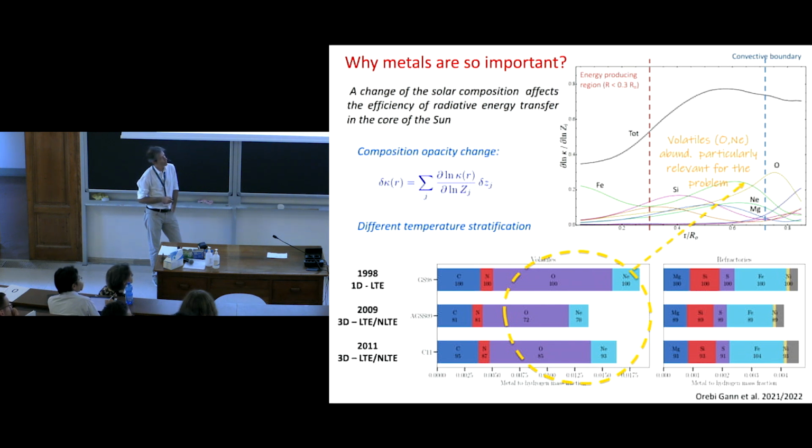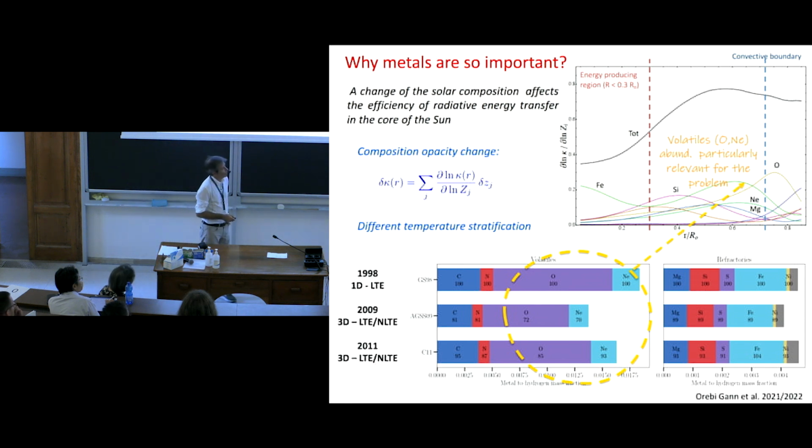We see that metals account for about 40% of the total opacity at the center of the sun, and an even larger amount, at the level of 70–80%, at the bottom of the convective region. In particular, these elements here are very relevant in this region. This is the logarithmic derivative of the opacity with respect to the oxygen abundance or to the neon abundance.